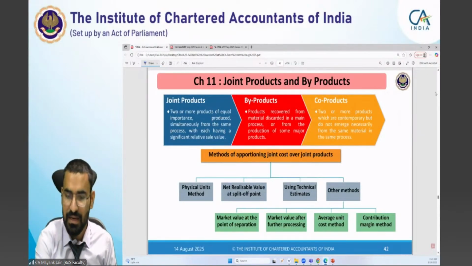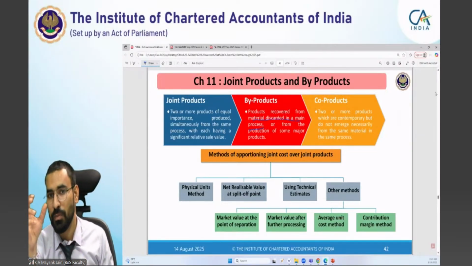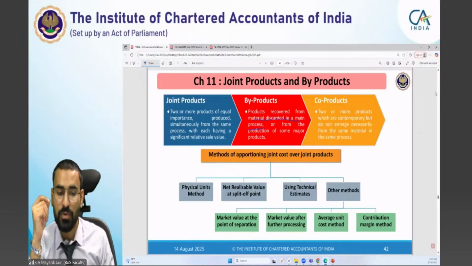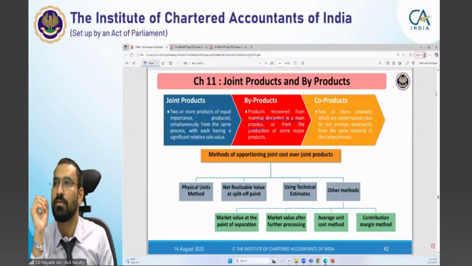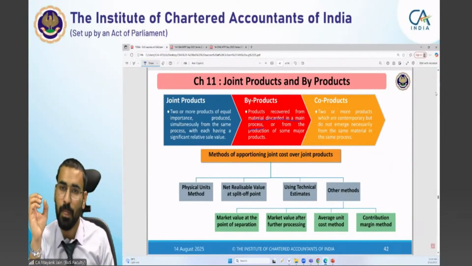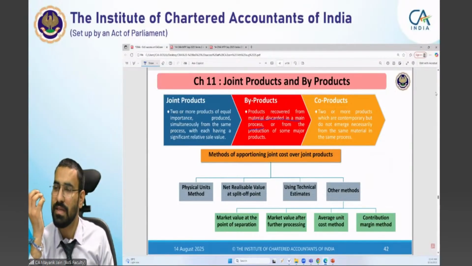It is a material discarded from the main process, while the joint products are the two or more products derived from the joint process or derived from any particular process. They contain more or less of the same value, or maybe not of the same value, but have a huge value or that value which can be sold easily in the market.